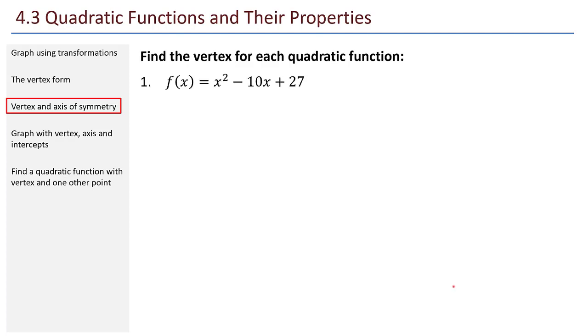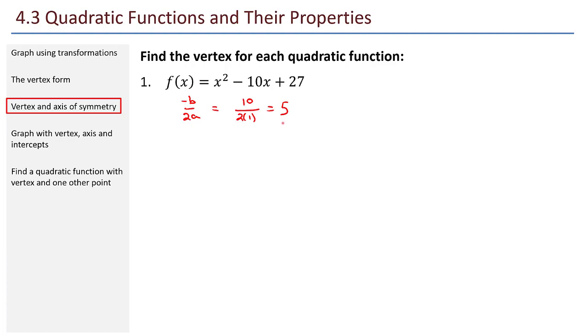All right, let's try another example. Find the vertex for each quadratic function. Negative b over 2a in this case is, well, it might be easier to put my negative b on top. Then I can call that a positive 10 over, well, my a is 1, so 2 times 1, so that's 5.